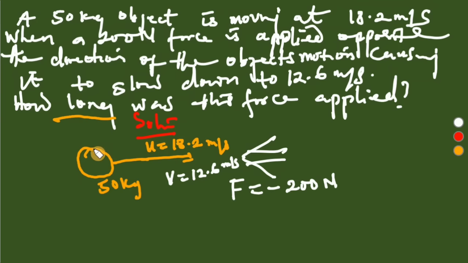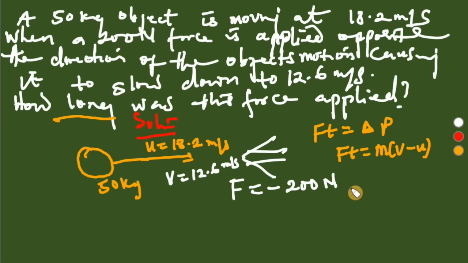So using the impulse momentum relation, we say that impulse, Ft, equals change in momentum, which is m(v minus u).